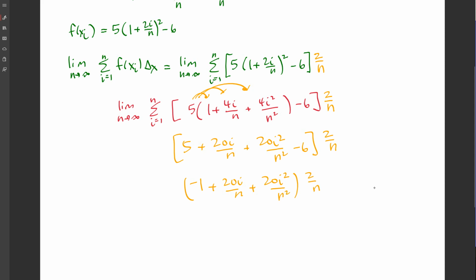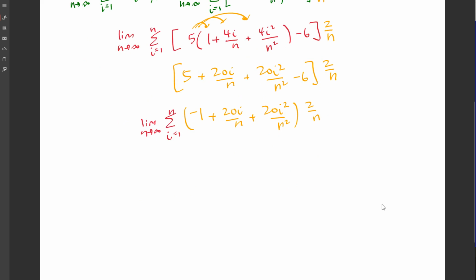I haven't been carrying this down, but this is still the summation from i equals 1 to n, the limit as n goes to infinity. Now I'm going to distribute my 2 over n. So now I have negative 2 over n plus 40i over n squared plus 40i squared over n cubed.